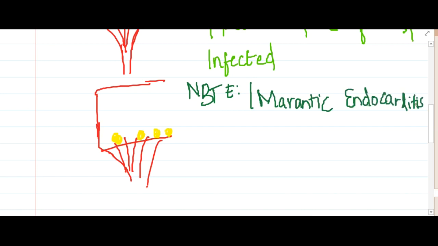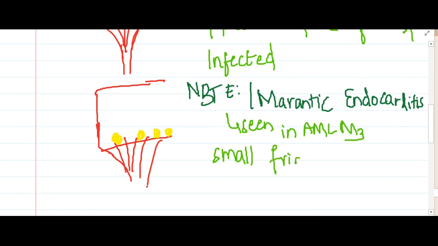This is also seen in AML M3. And if you see this non-bacterial thrombotic endocarditis or marantic endocarditis, you will see small friable vegetations are seen along the lines of closure.